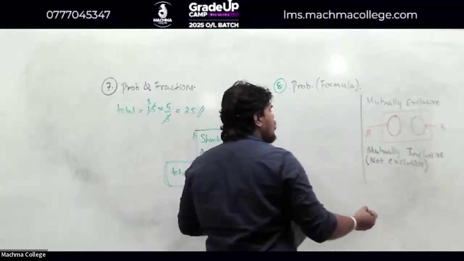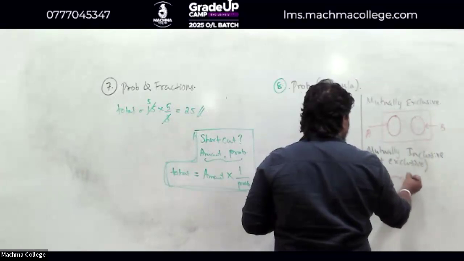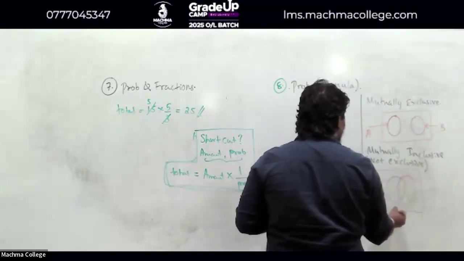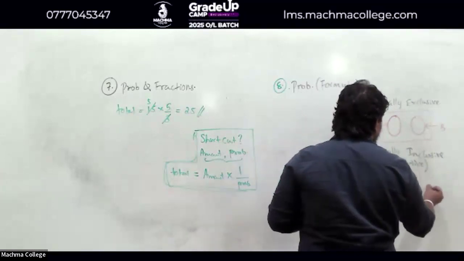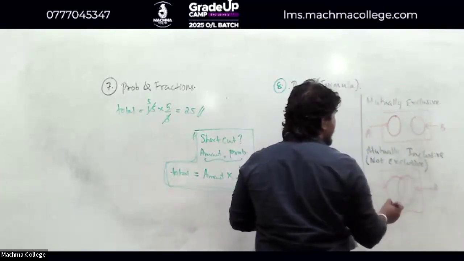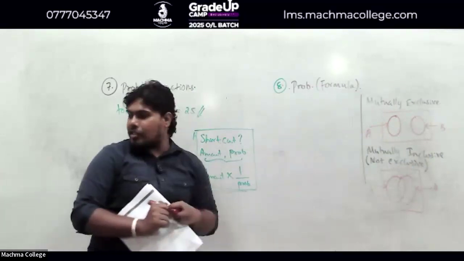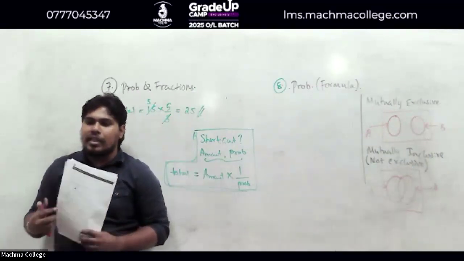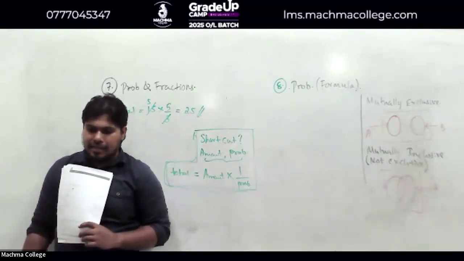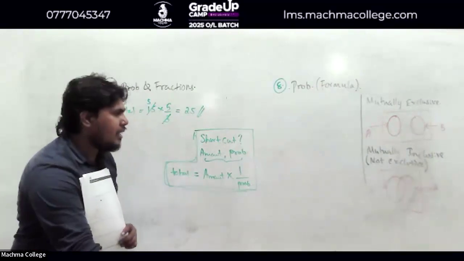If two sets are mutually inclusive, they have an intersection region like this. Exclusive means no intersection, inclusive means it has an intersection.